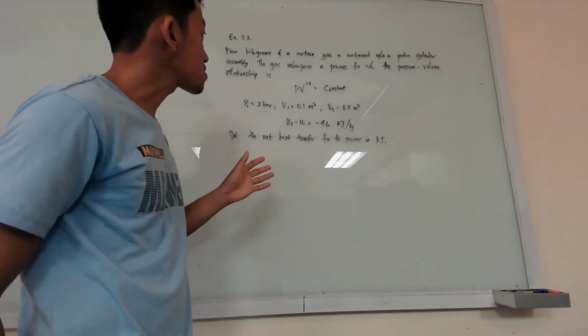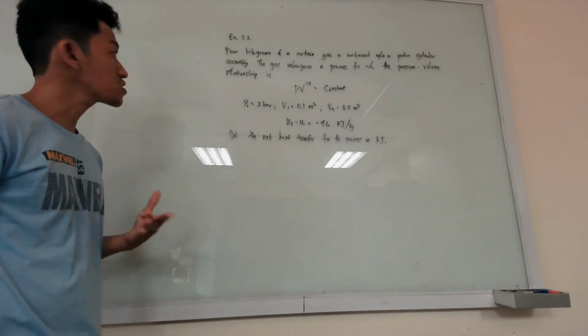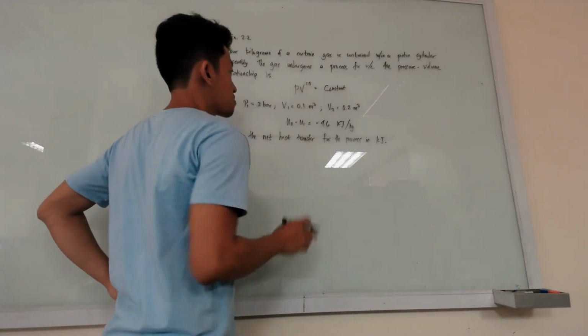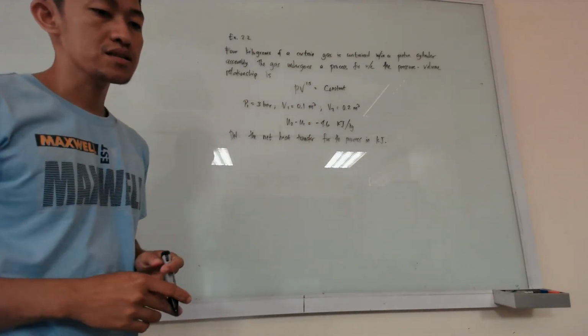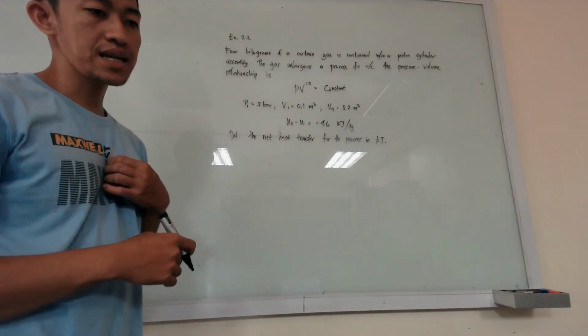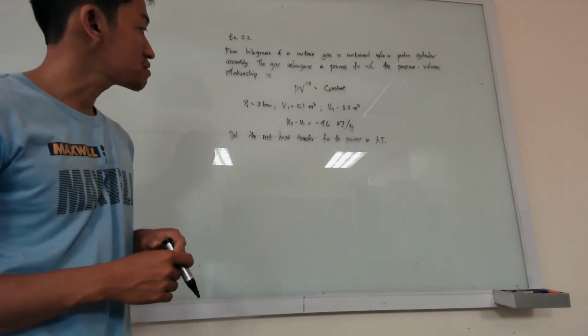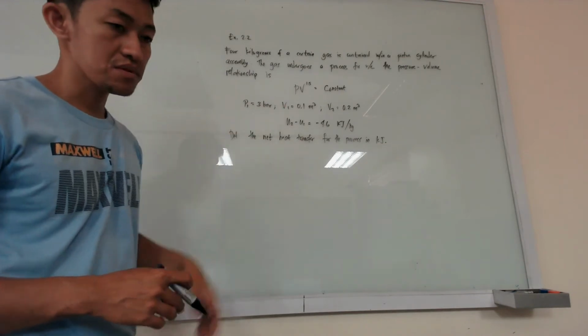The gas undergoes a process for which the pressure-volume relationship is PV to the 1.5 equal to constant.